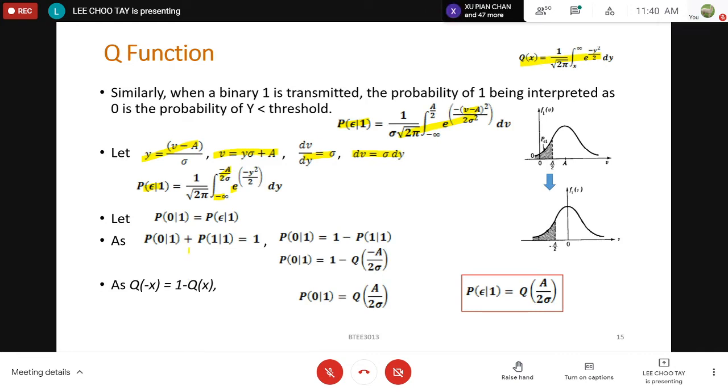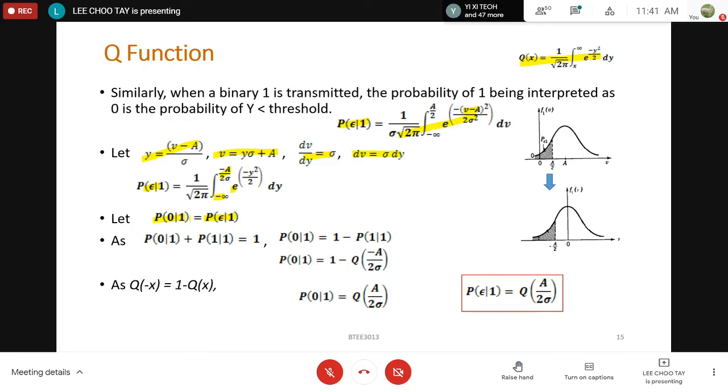So to do this, let's take a look at the probability of error now. The probability of error when a 1 is being sent is the probability of a 0 being detected when a 1 is being sent.